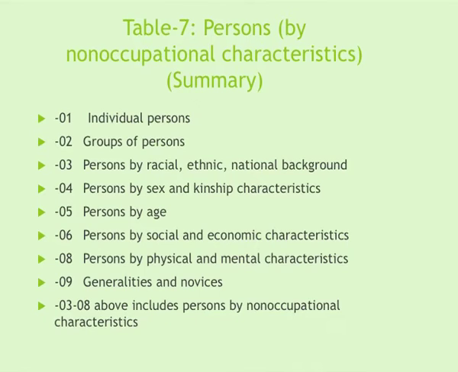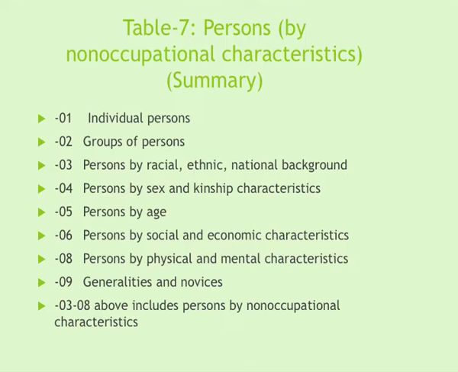Now, there are two types of groups of persons. One is non-occupational groups, groups formed on the basis of some characteristics such as persons by race, ethnic group and national background, persons by sex or kinship characteristic, persons by age, persons by social and economic characteristics, and persons by physical and mental characteristics.